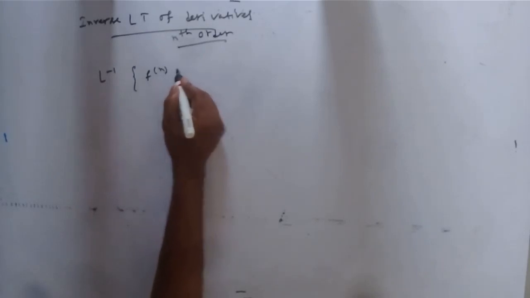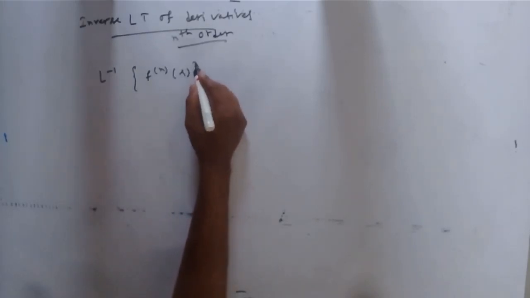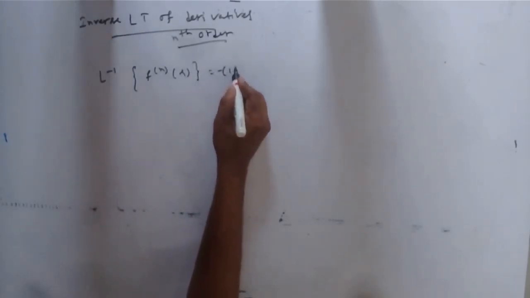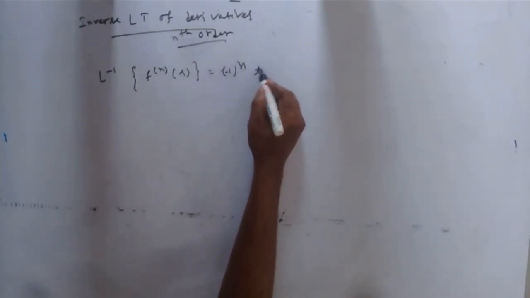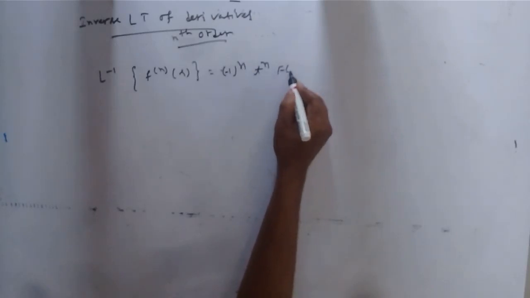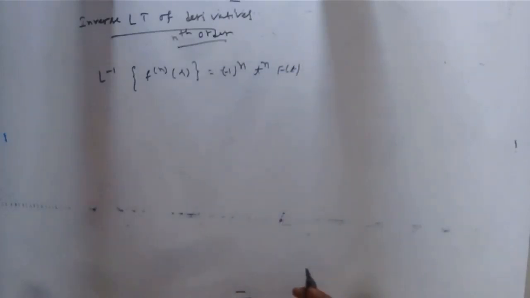Okay. So the statement is L inverse of the nth order derivative of F(s) equals (minus 1) whole to the power n t to the power n f(t). Okay. So let us take an example.